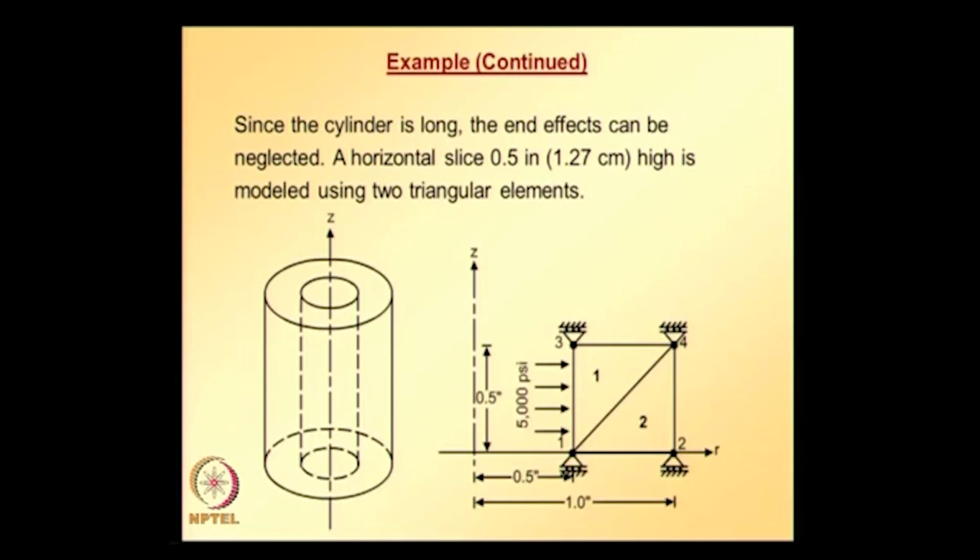Since the length is long, the end effects can be neglected, and the entire cylinder analysis is reduced to solving this model, which consists of 2 triangular elements. The model is shown with 2 triangular elements, and also the boundary conditions at each of the nodes are shown.